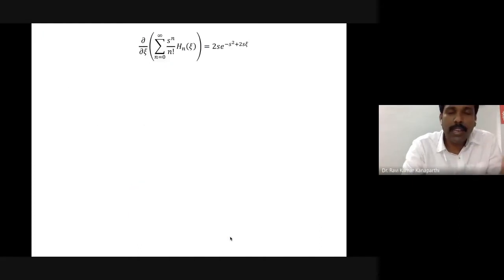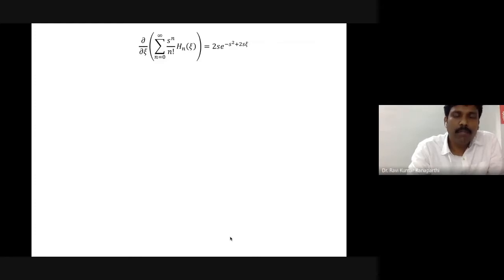So what we have done is taken the first derivative of the generating function. But you can realize that the generating function capital S of small s z is nothing but sigma n runs from 0 to infinity s to the power n by n factorial Hn of z, right?